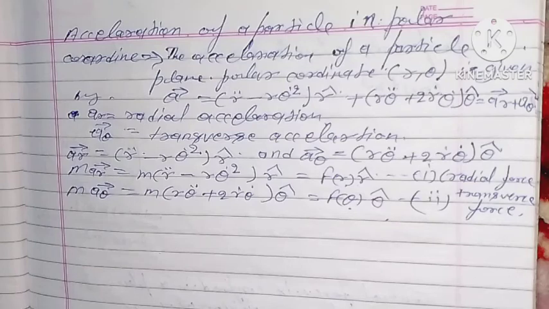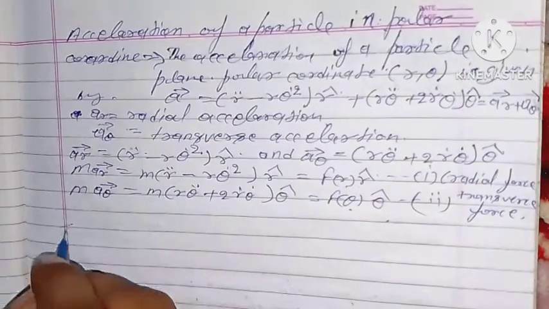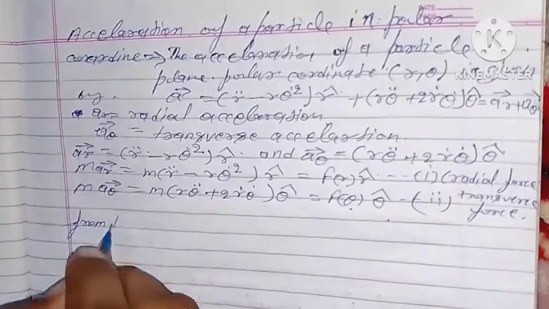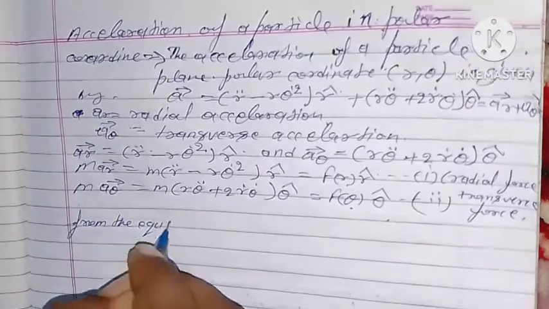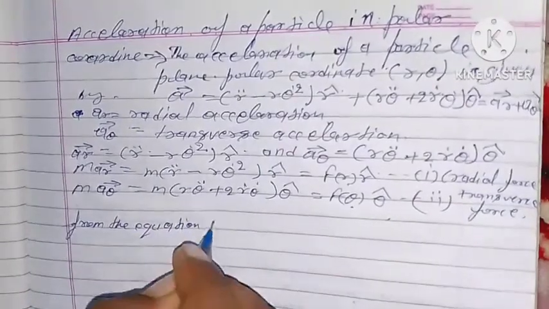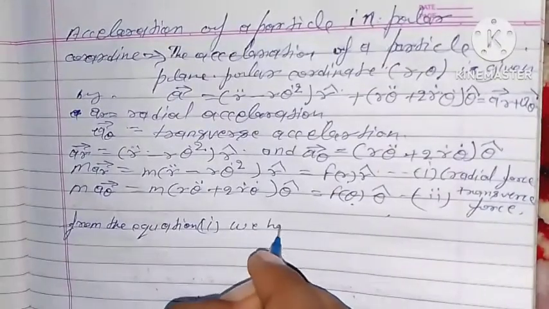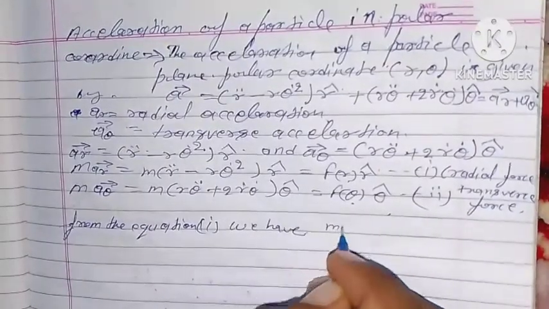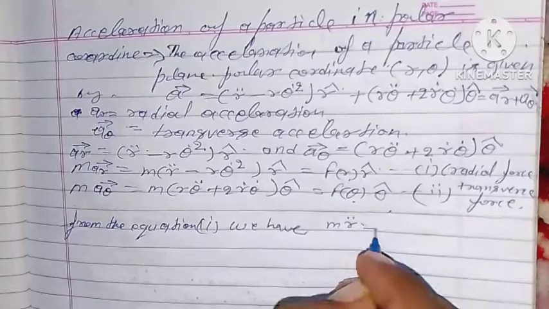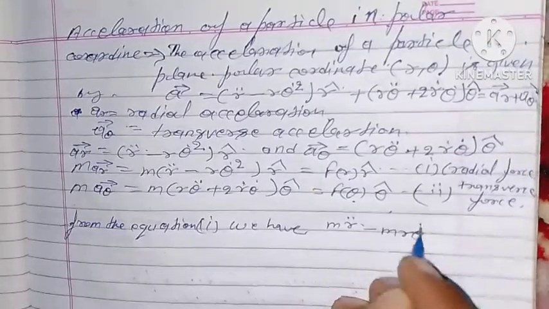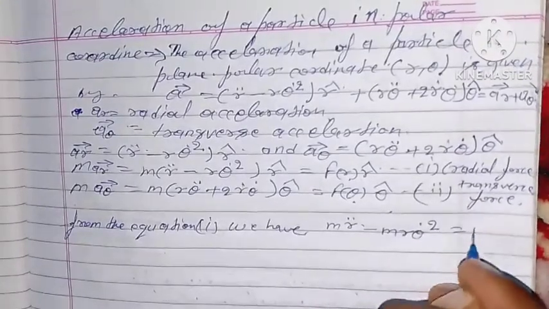From equation 1 we have m double derivative of r minus m r derivative of theta square equal to Fr.